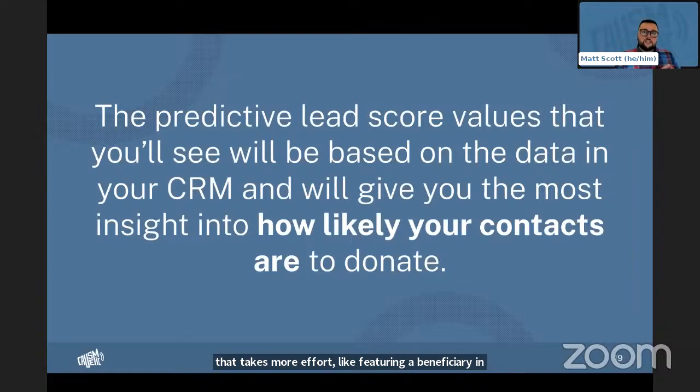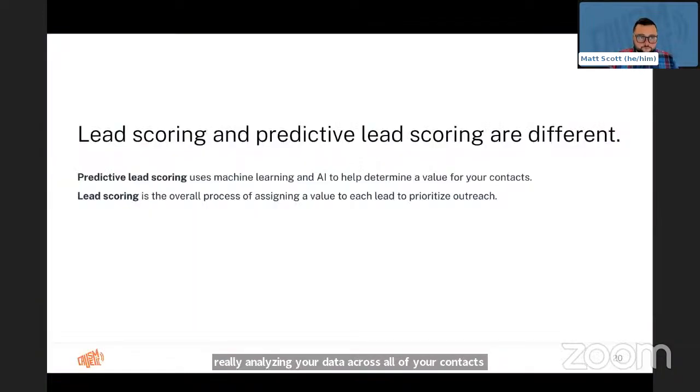Well, we can actually see, does content like an email, which is easier to execute, convert or inspire that donor to give? And if so, then we can apply that logic to a bigger piece of content like a video. So that's the kind of conversation that you can have when you're using predictive lead scoring, because it's really analyzing your data across all of your contacts, and it's giving you a sense of what's working and what's not working.